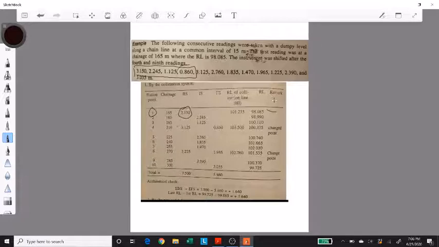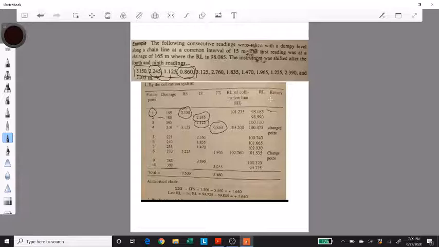So this 0.860 would be the foresight, and the remaining two, 2.245 and 1.125, would be intersights. Now this value of 2.245 would be at the second station point, so that would become intersight. The third value at the third station point would again become the intersight, and the fourth reading would become the foresight at the fourth station point.